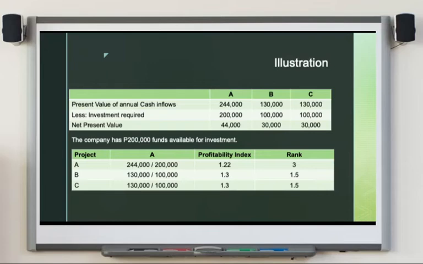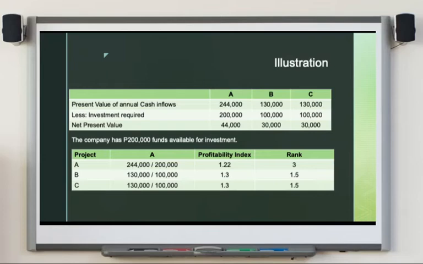Less the investment required, that's 200,000, 100, 100. You have a net present value of 44, 30, and 30. So using the net present value, it seems like all of the proposals are positive and therefore acceptable. We have positive 44, positive 30, and positive 30,000.